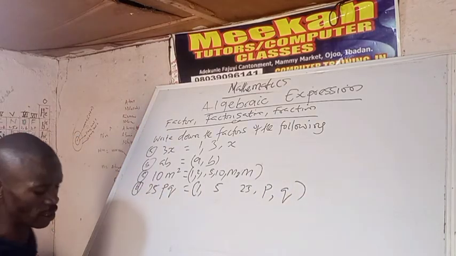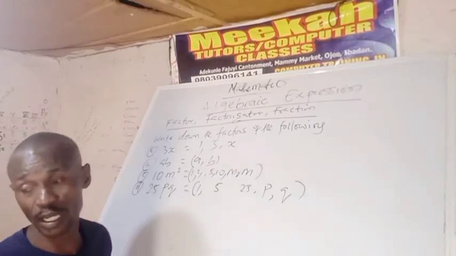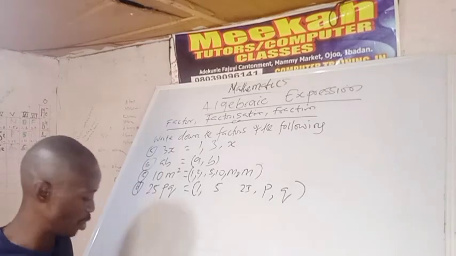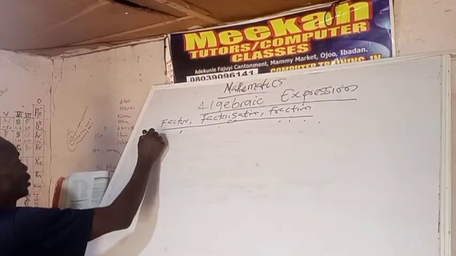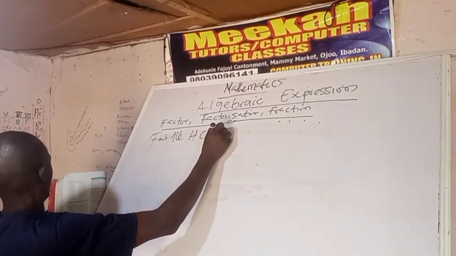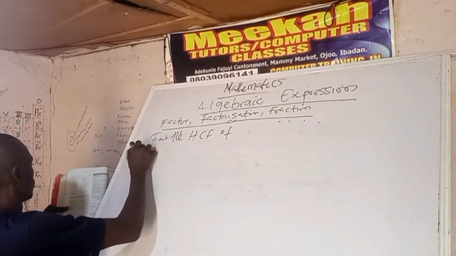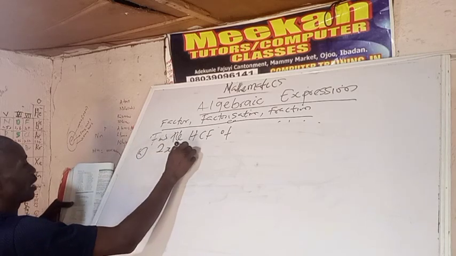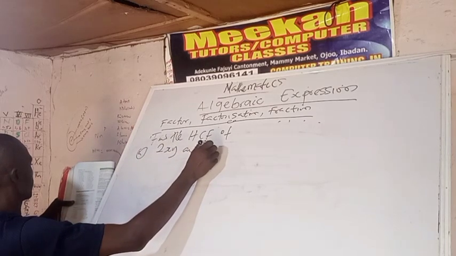Now, we move to what? Highest common factor in terms of what? Algebra. In terms of algebra. Yes. Find the HCF of 2xy and 7xz.